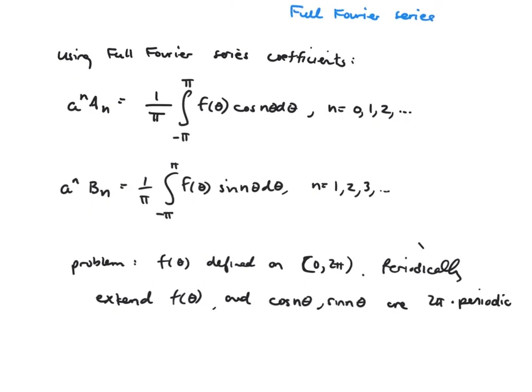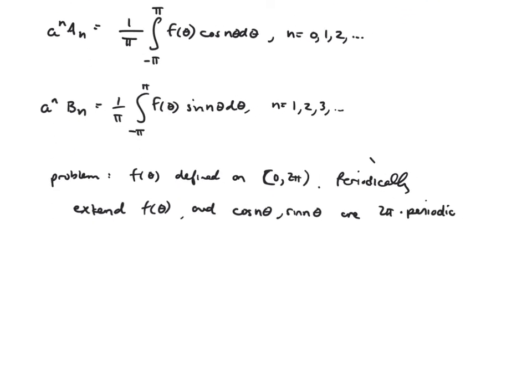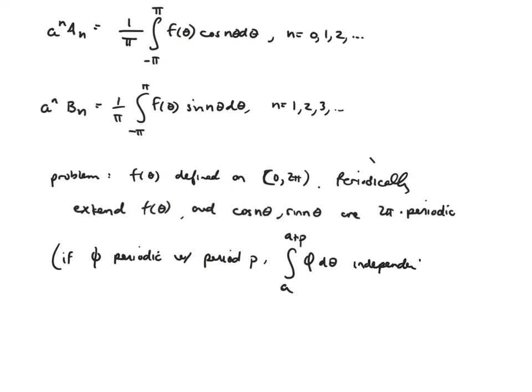If everything is 2 pi periodic, it doesn't really matter if I integrate from minus pi to pi or 0 to 2 pi. If I have some phi in general that's periodic with period p, then the integral from a to a plus p of phi d theta is independent of a. Doesn't matter where I start, as long as I cover one of the periods, it's all good.